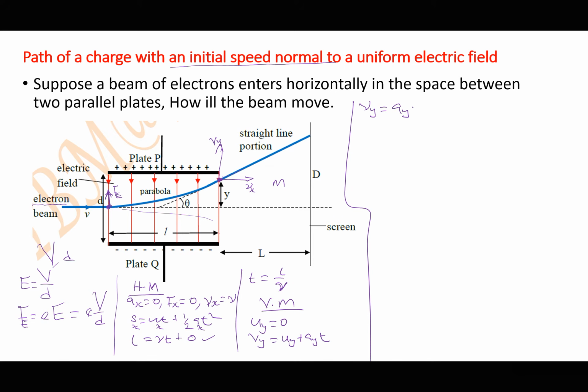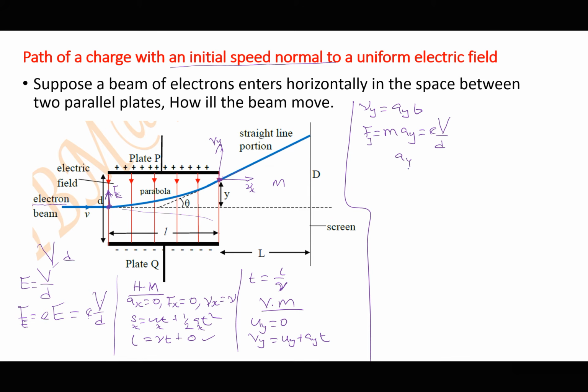And since the initial velocity in the vertical was zero, the velocity with which it emerges in the vertical is simply acceleration in the y times t. And if I can find the acceleration in the y, after all, I already know that the force F is equal to the mass times acceleration, which will now be the acceleration in the y, because there is a force in the y. This will be equal to, of course, the force that has been given as eV over d. So this will be E times V over d.